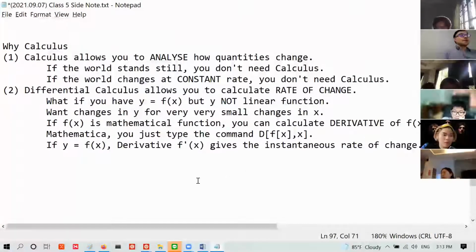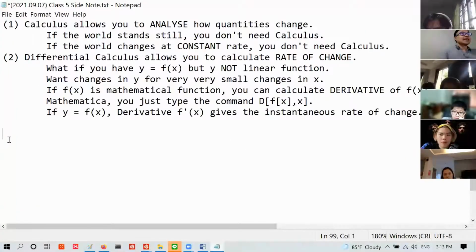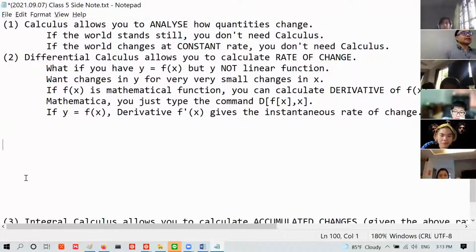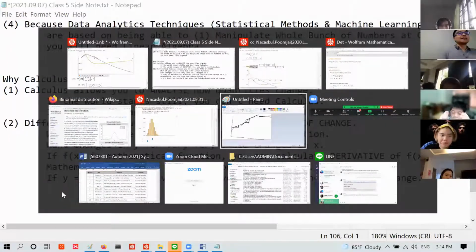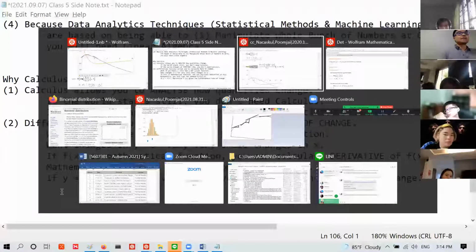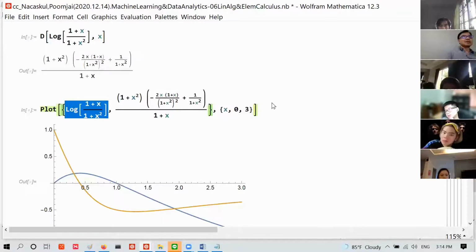Now, conversely, if I have, let's go back to this equation.